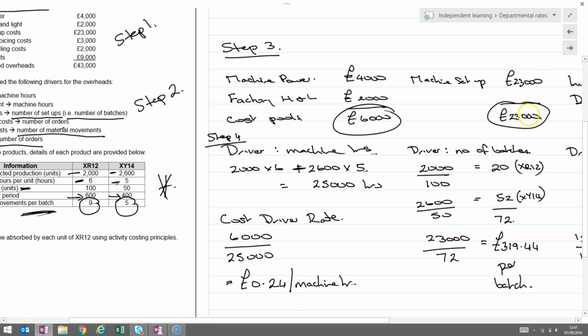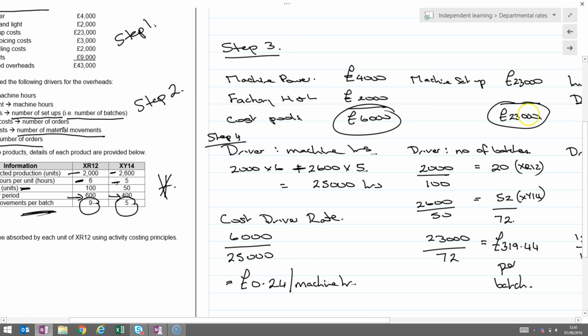Now again, need to be careful because we've got various different rates. We've got 24p per machine hour, but then we've got an amount per batch and an amount per order.